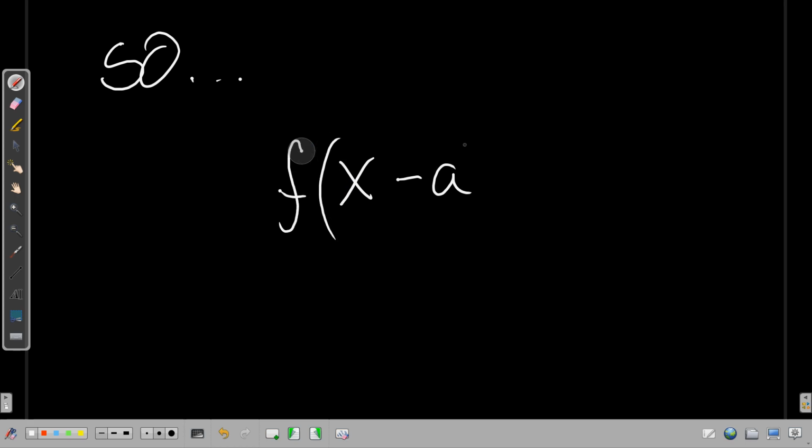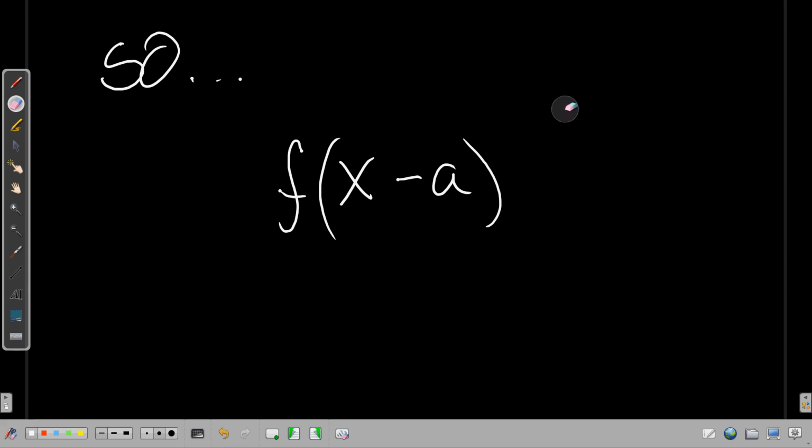I can evaluate the function at that x value, x minus a, and it will be shifted over by a many units. And if you want to determine left and right, I do not encourage you to memorize anything with respect to this sign.